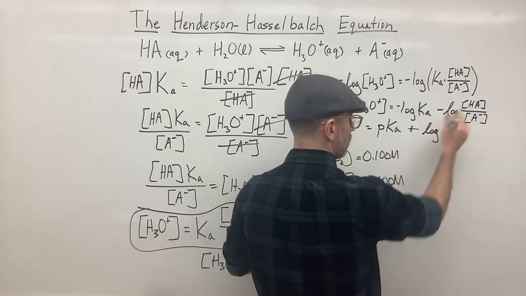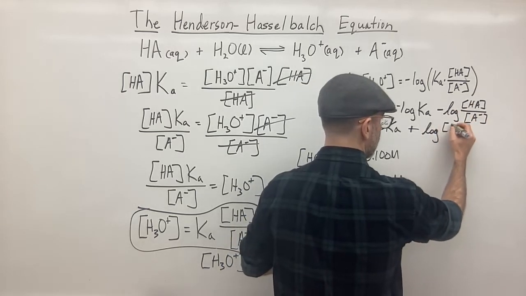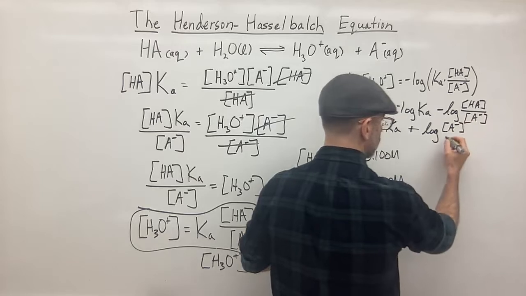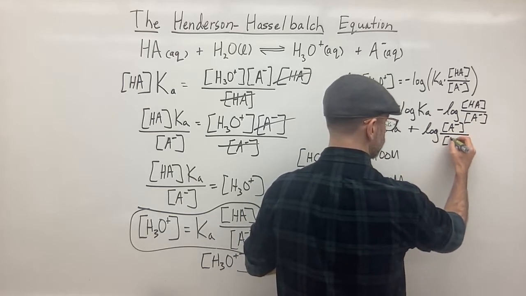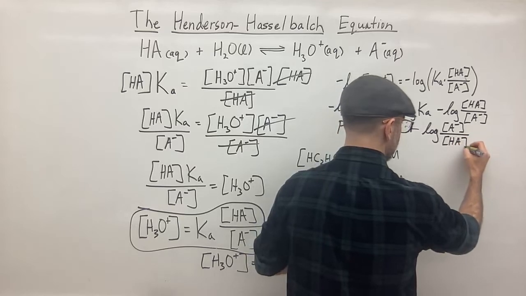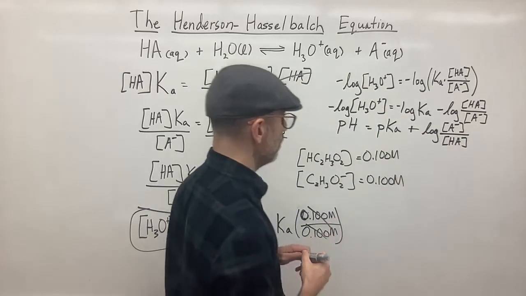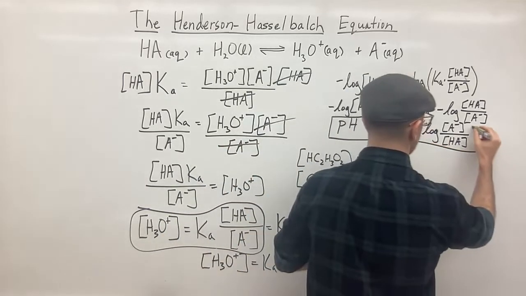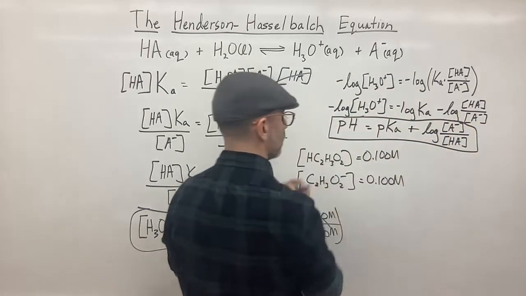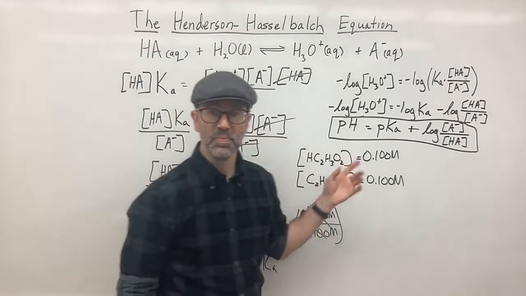So I made it positive, but I'm going to put the A minus concentration, the conjugate base, over the concentration of the acid. And so this, ladies and gentlemen, is the Henderson-Hasselbalch equation.